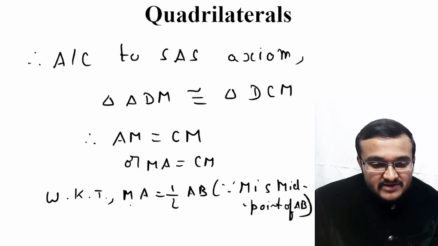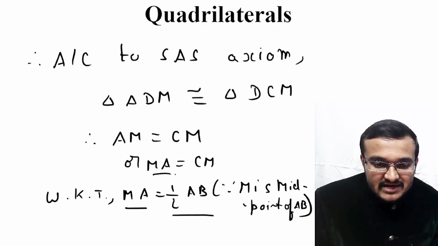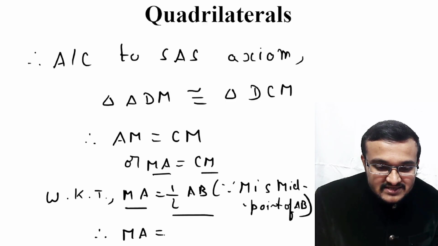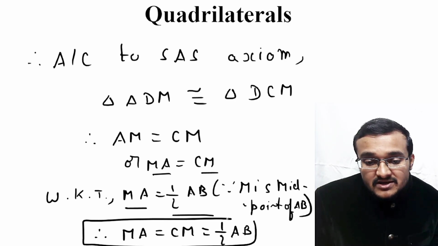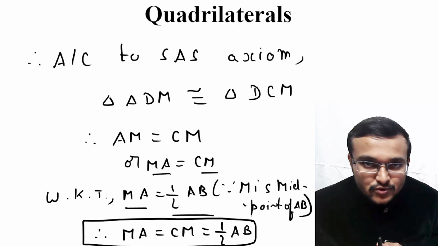Since M is midpoint of AB, MA is equal to half AB, and we know that MA is equal to CM. So therefore, MA is equal to CM is equal to half AB. This is what they had asked to prove in this sixth question, and we have proved that.